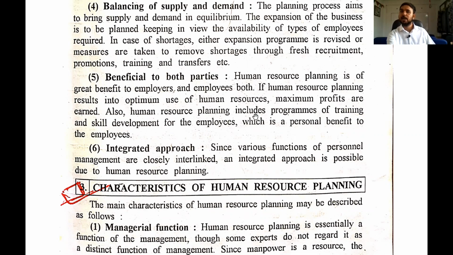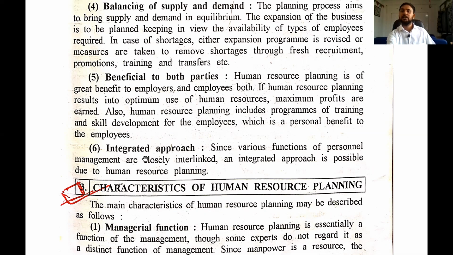Also, human resource planning includes programs of training and skill development for the employees, which is a personal benefit to the employees. If an organization gives training and development activities for the employees, then it is a personal benefit to the employees. So there must be a benefit to both the parties.